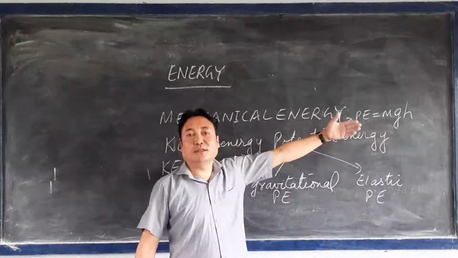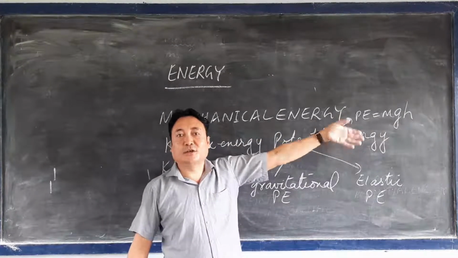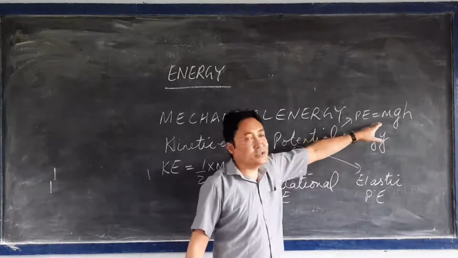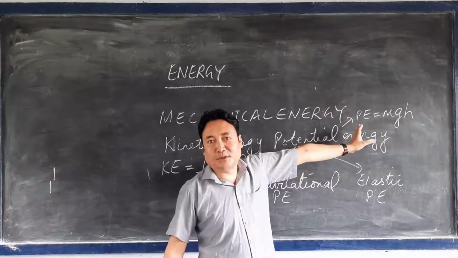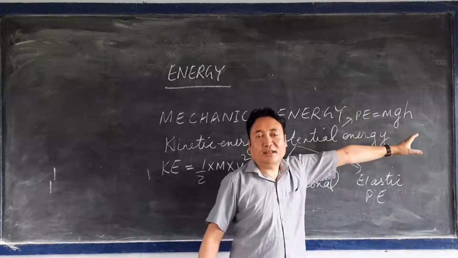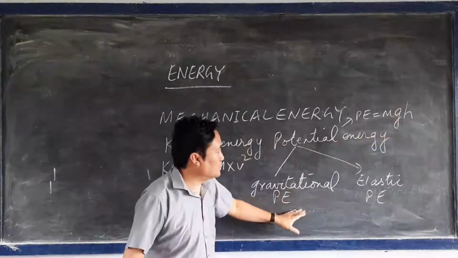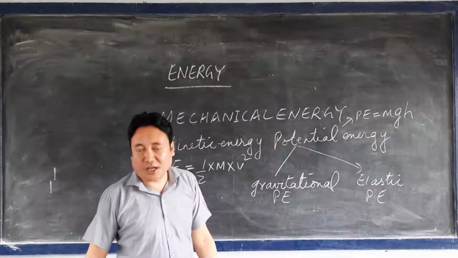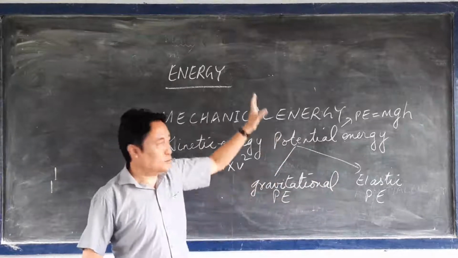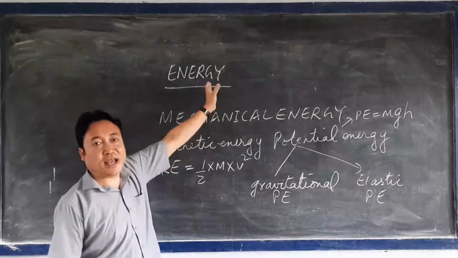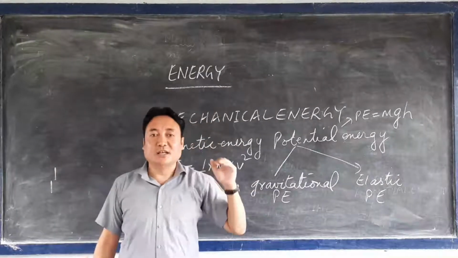Potential energy is possessed when the body is in a state of rest or by its configuration. The relation is mass into gravity into height, and it again depends on two factors, mass and height, because the body is raised. There are also two types of potential energy: gravitational potential energy and elastic potential energy. So these are the things we have discussed related to energy. In the next class we will come to the transformation of energy.